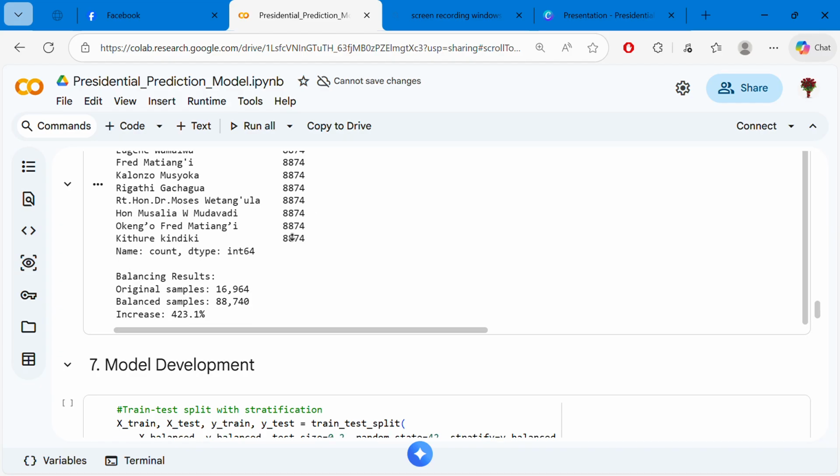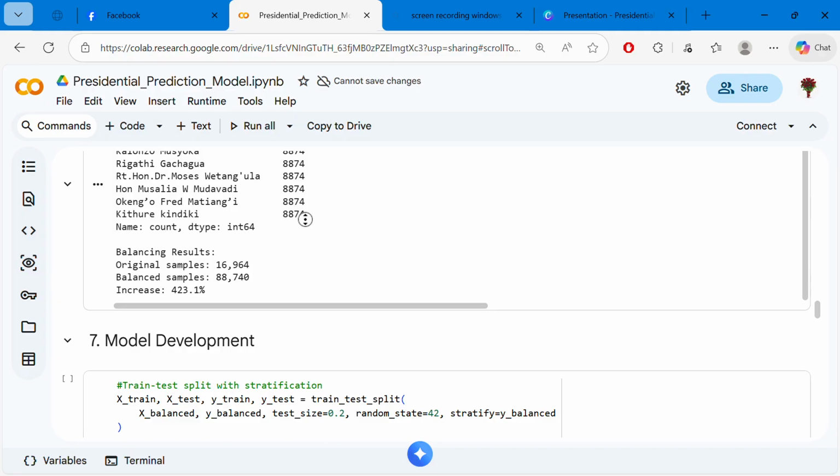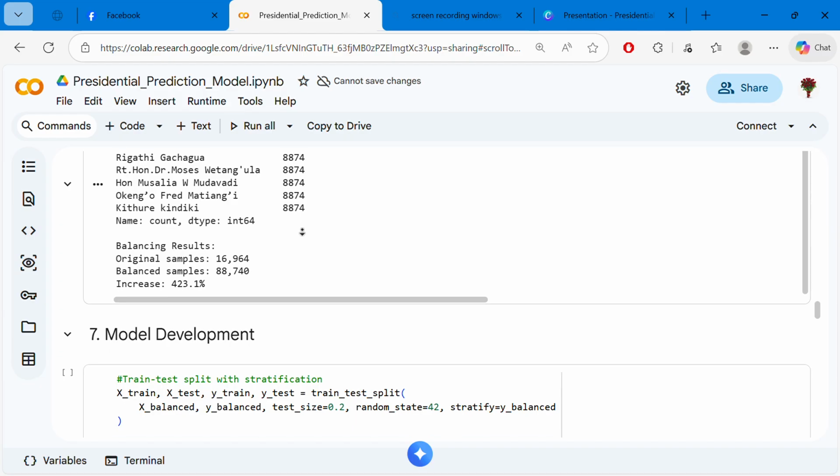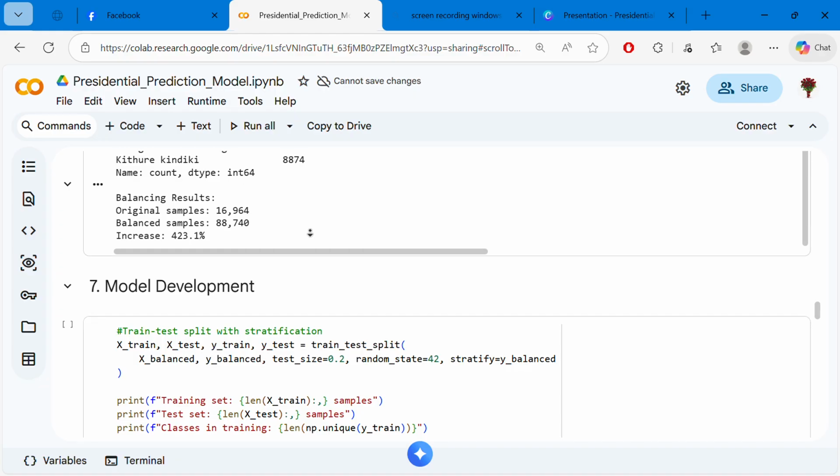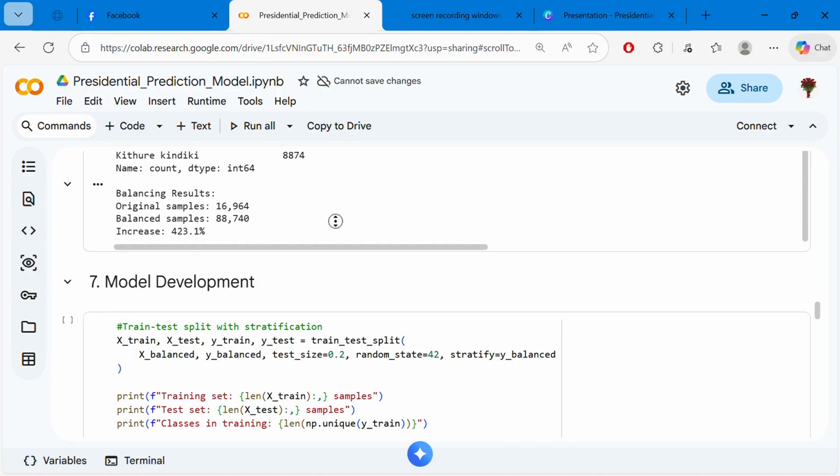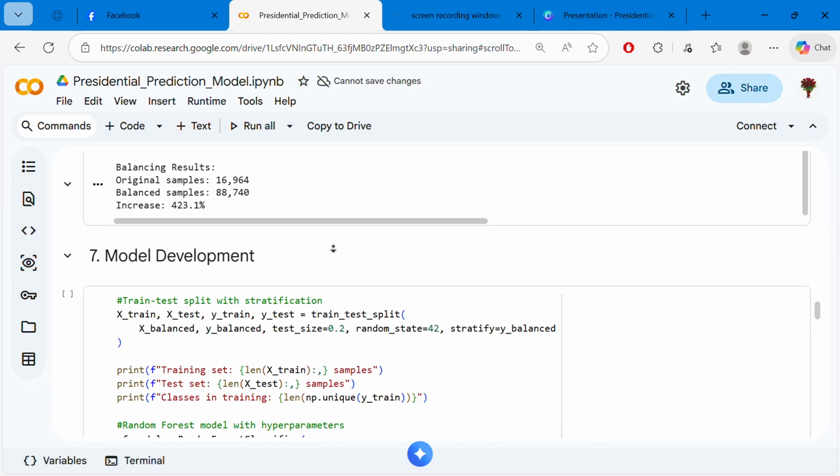The original samples were 16,964 and the balanced sample 88,740. We balanced all the political leaders to avoid overfitting.